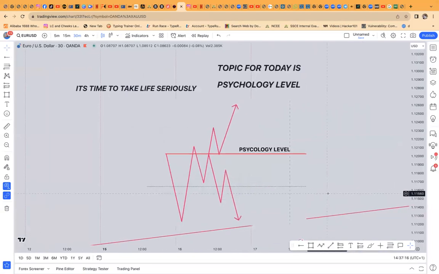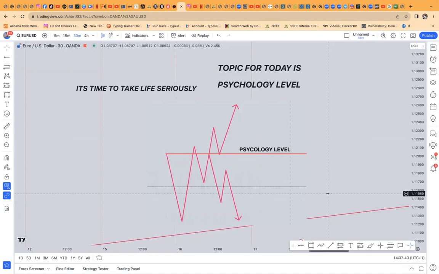Like I was saying, psychology levels in the market structure are those levels that have the most liquidity, and price always comes back there to test that area before giving its entries.